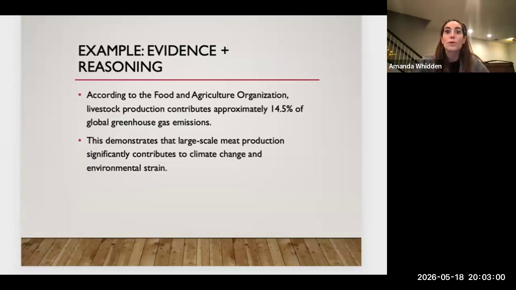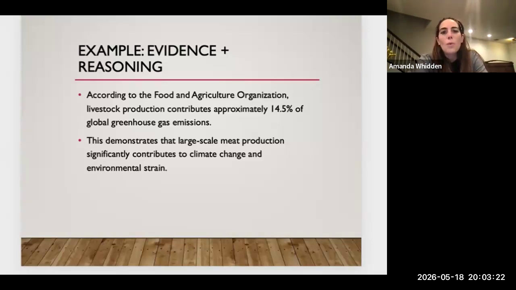They give their words or their research, and they show exactly why and how their claims are true. Your evidence in this case is going to support this claim that there is a problem going on, that meat consumption is destroying the environment, right?